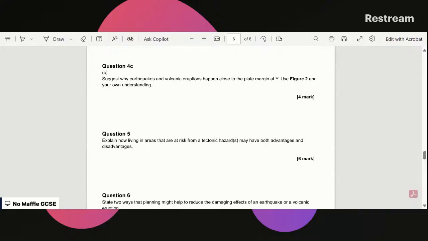So it's actually crazy how schools teach this in very different depths. Some schools go into the whole process and talk about slab pull and things like that. Some, however, talk about other processes as well.